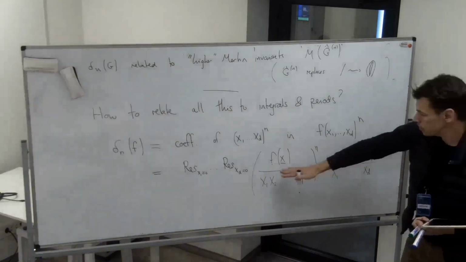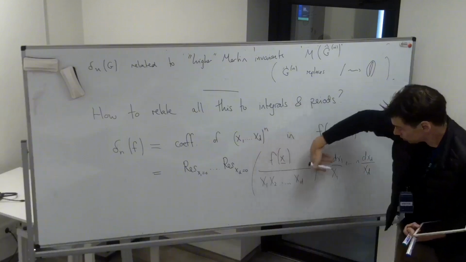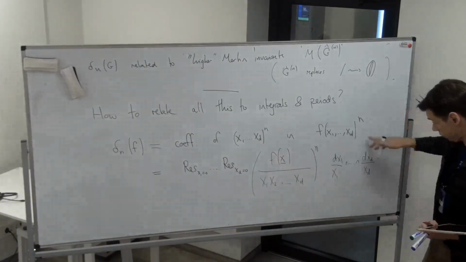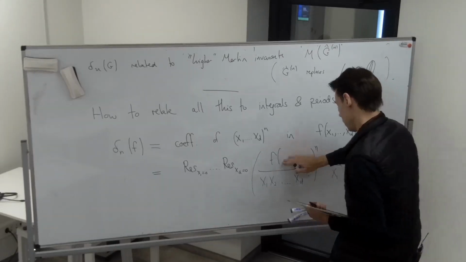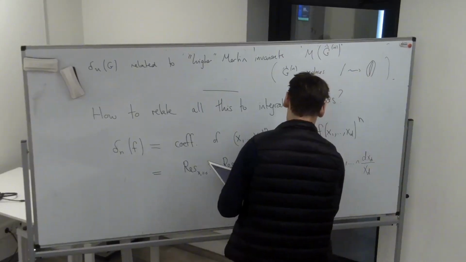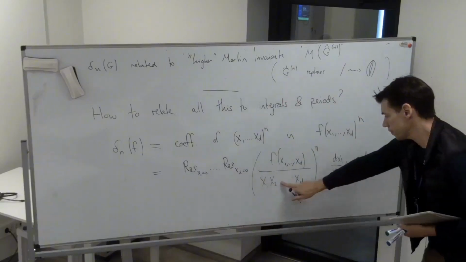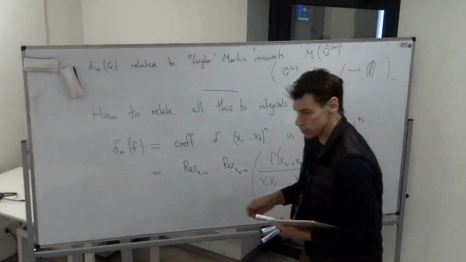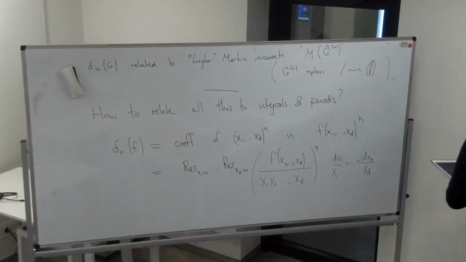More simply, it's the constant term in this power, and the constant term in this expression is the same thing as the residue of this expression. And a residue we can write as an integral. So this is going to bring us gradually closer to integration.